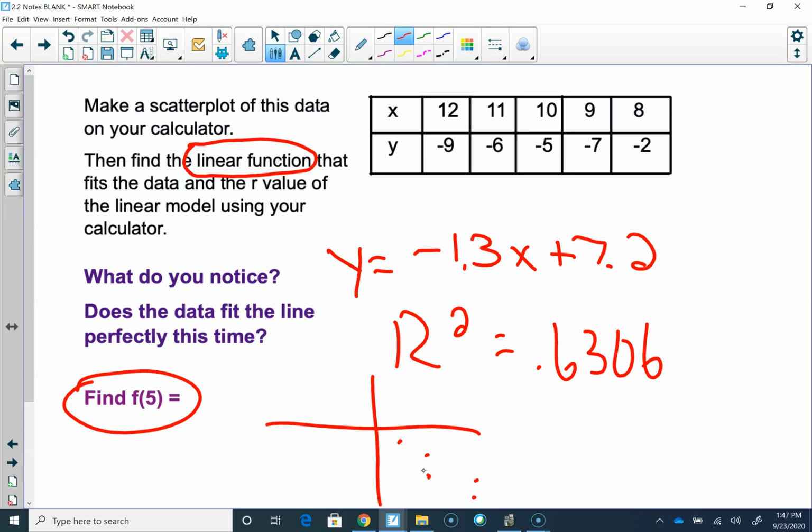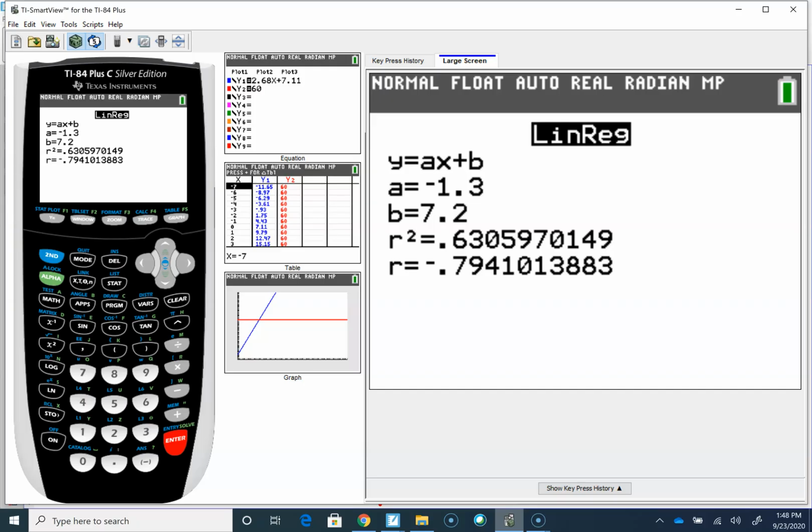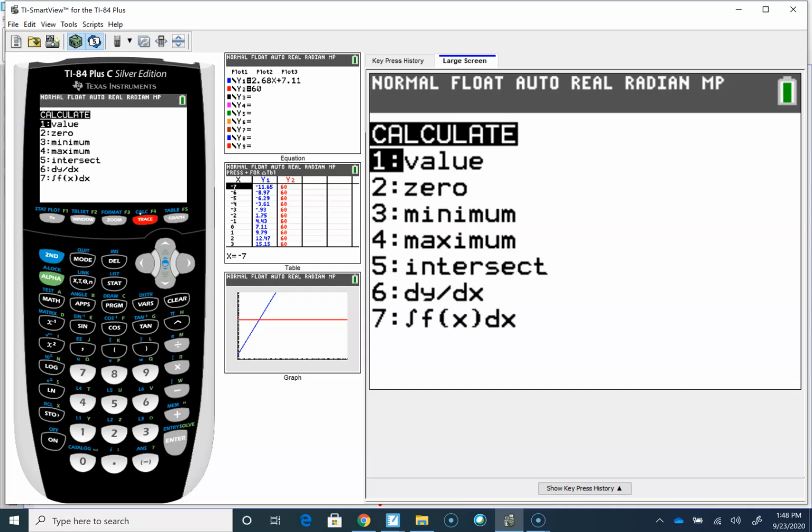And to find f of 5, I'm going to show you another thing on the calculator. So it's going to be stat. In fact, I'm just going to go on there and do it for you. I want to find where this calculates a value.